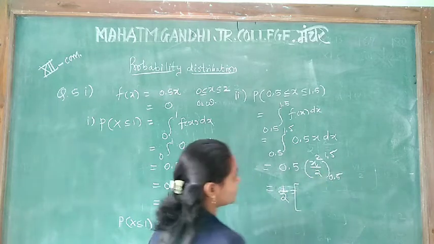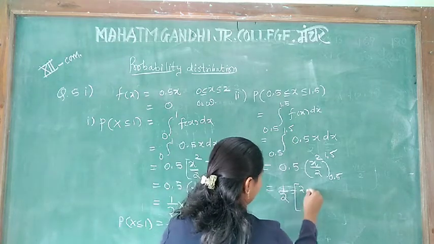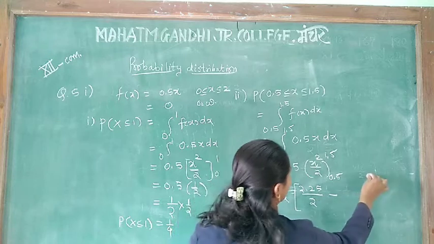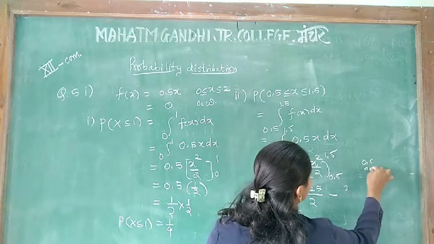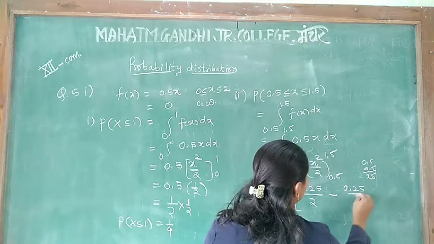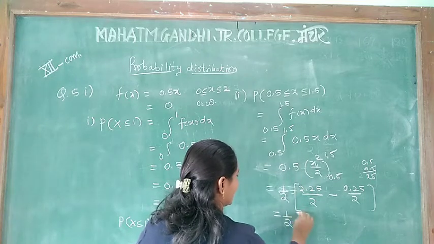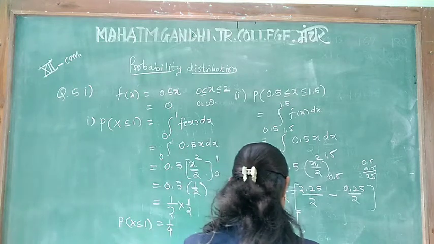X square, that means 1.5 square, 1.5 square is 2.25, divided by 2 minus 0.5 square, that is 0.25 upon 2. 1/2 into 2.25 minus 0.25.